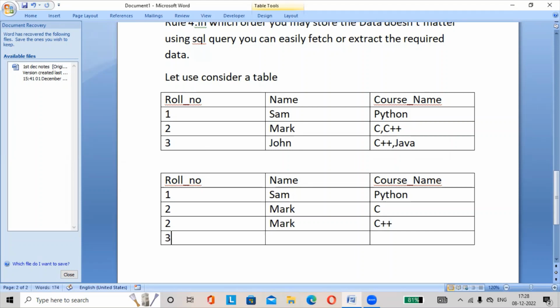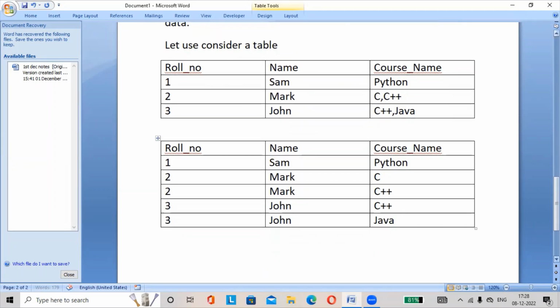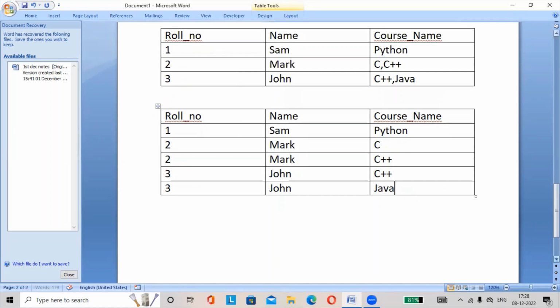Then roll number 3, John, he has enrolled in C++ and Java. John, Java. Now this table is in first normal form. Yes or no? No, madam. Why? Because of repeating values.